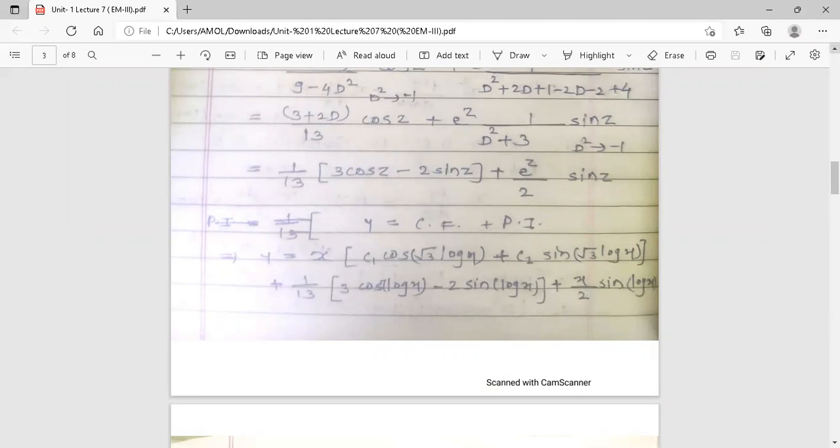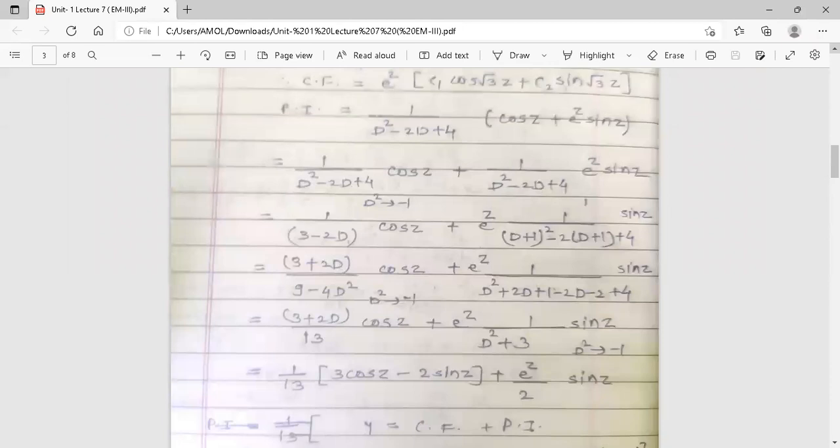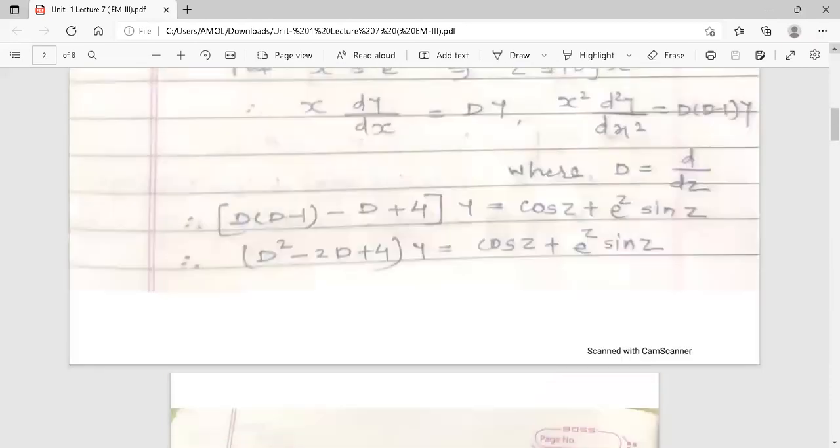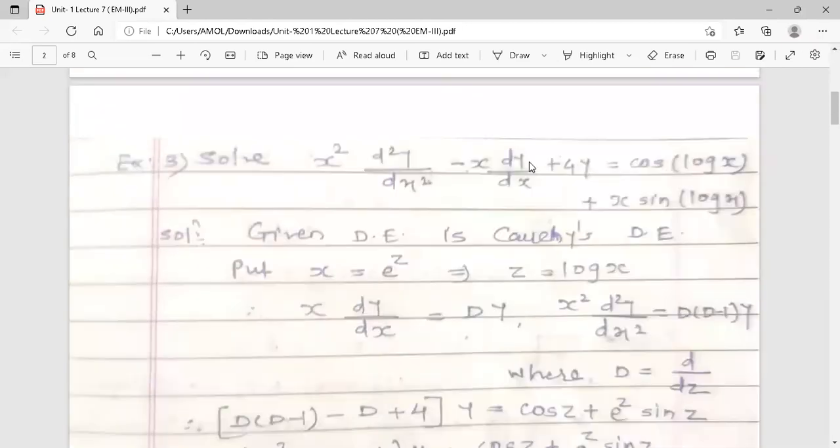At the end you put your substitution, so your answer must be in terms of x and y. You use x is equal to e raised to z, meaning z is equal to log of x, to get your answer in terms of x and y.